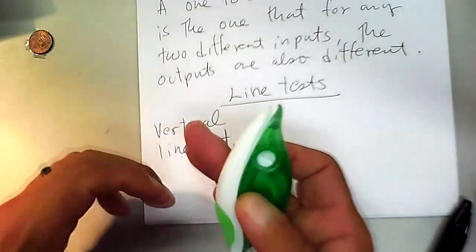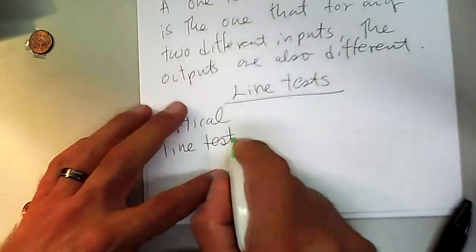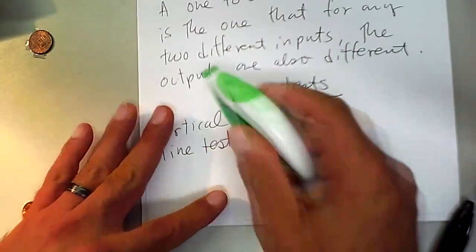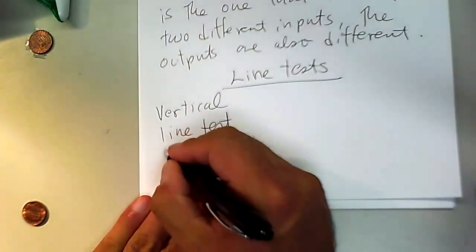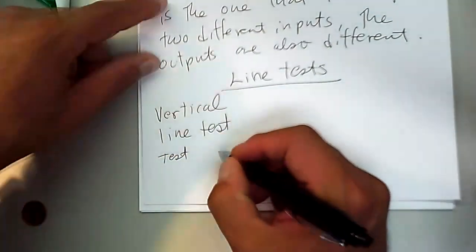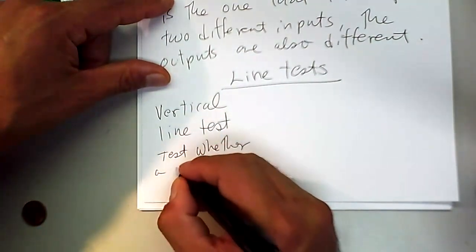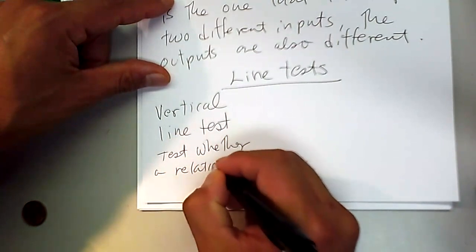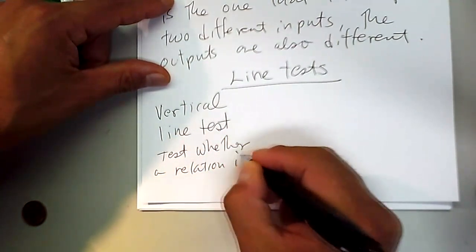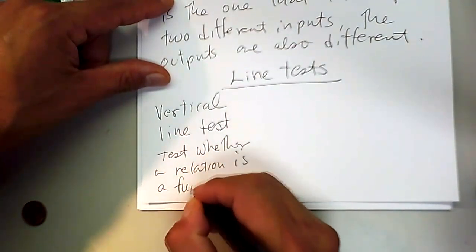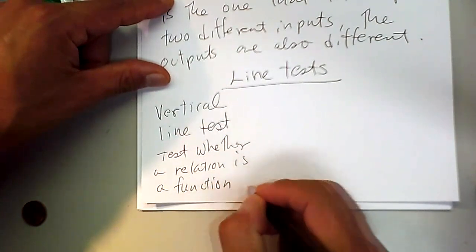That was just a long noun. The vertical line test tests whether a relation is a function or not.